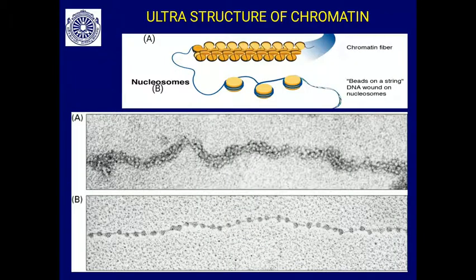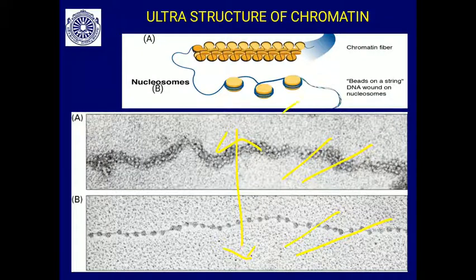In this ultrastructure of the chromatin, this is the beaded appearance. You can see it is a string of beads, which is further folded to form solenoid fibers. Usually you will find these two organizations. For example, when you are at home you wear different dress, and when you come to college you wear a uniform. In the same way, chromatin during interphase occurs either in this form or in this form.